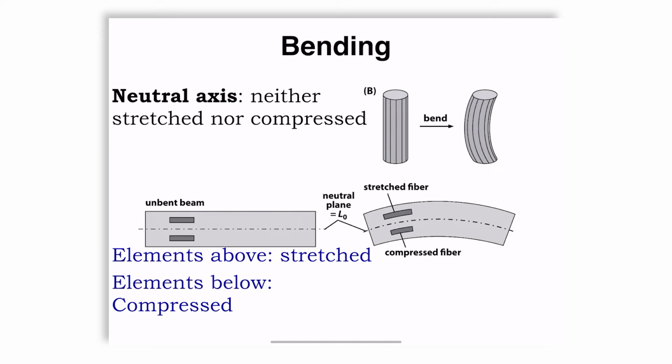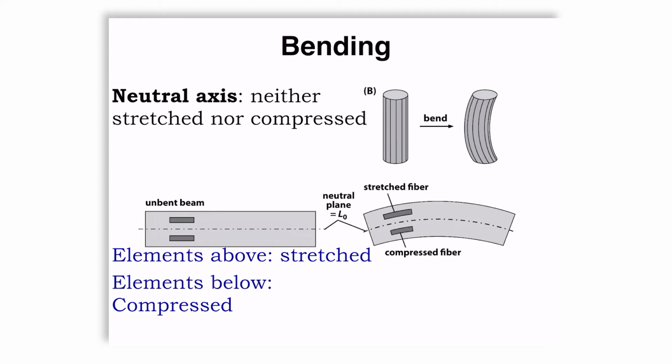Bending can have modifications, but they are neither stretching nor compression by themselves. Instead, what we see is that if we look along the length of the beam at a cross section through the beam, then we will find that we can define a so-called neutral plane or neutral axis.